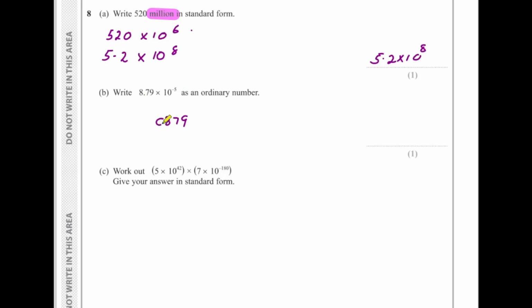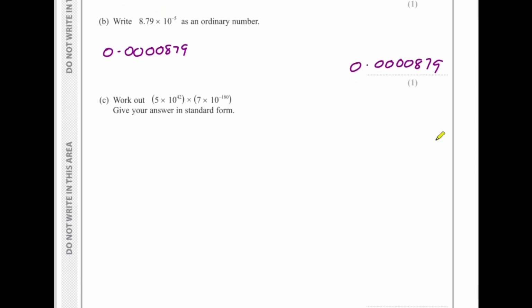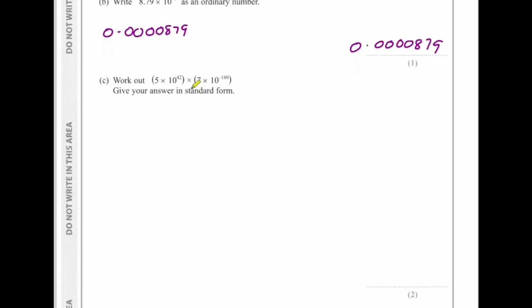Then I'm writing zeros since we don't have any positions there. So I wrote 4 zeros, then 0.0000879. This is the answer.